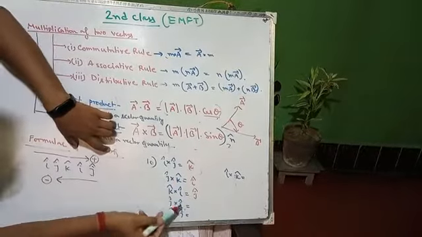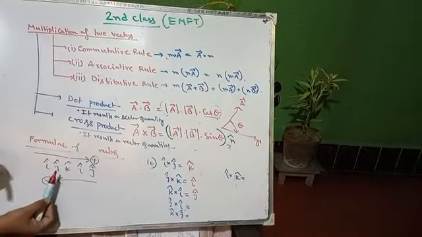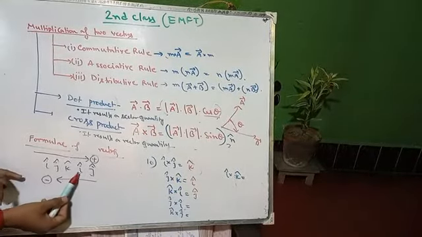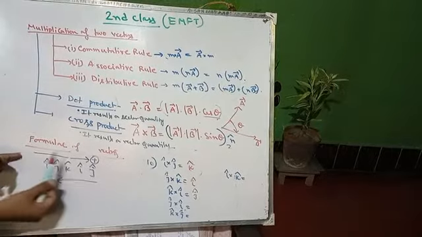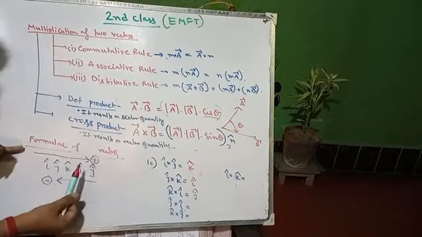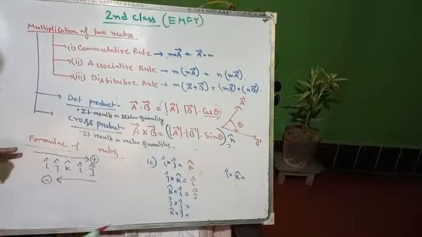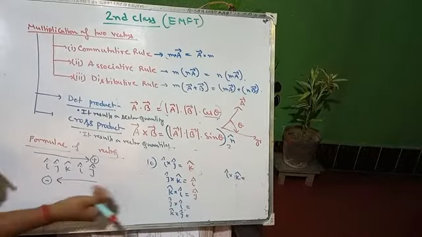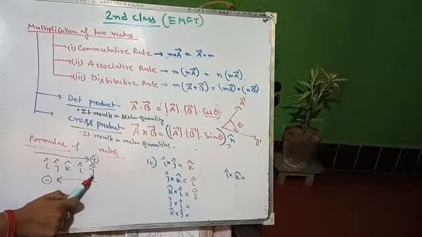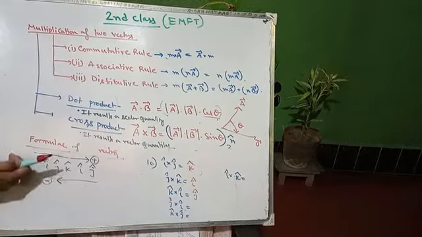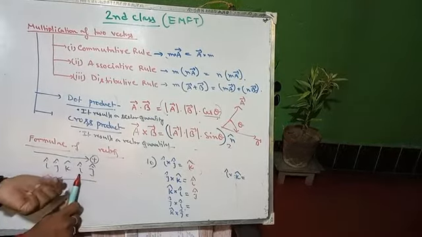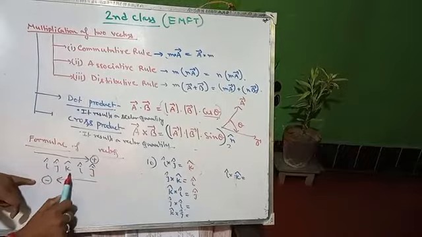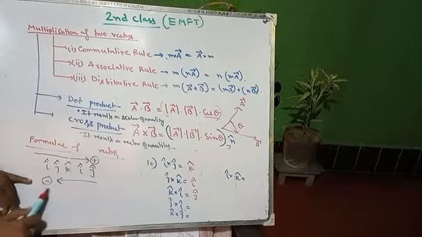And next, j cross I, what is j cross I? Here you cannot find it by left to right movement, but by right to left movement, j then I. So j cross I shows minus k, because this direction results in a minus sign.